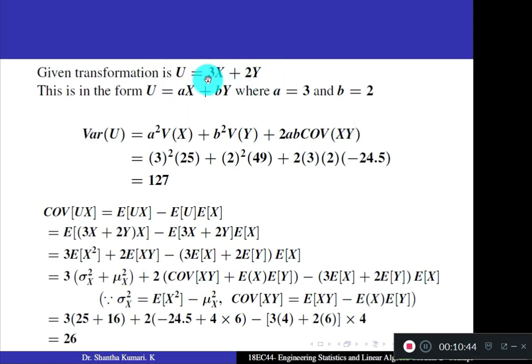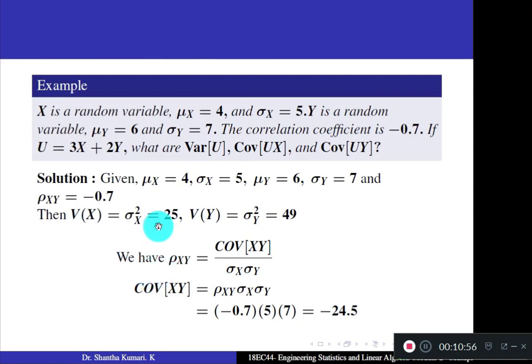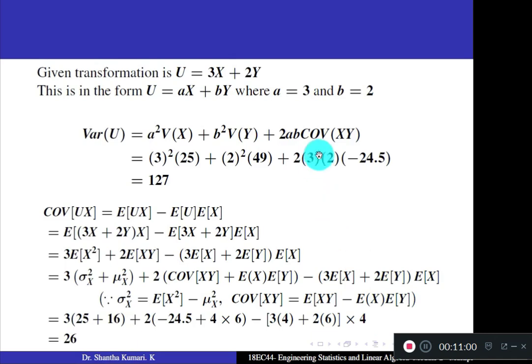In the place of a you have 3 and in the place of b you have 2. Substitute: a square is 3 square, variance of x is 25, which we obtained earlier, variance of y is obtained and covariance is obtained. Substitute these three values and you get the answer 127. Calculate and check it.